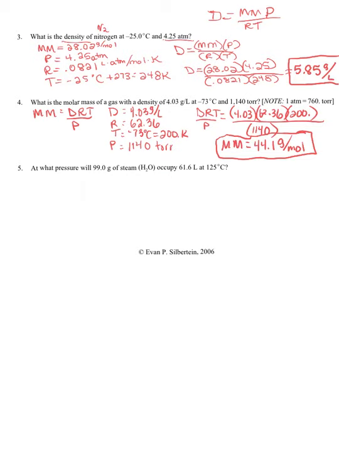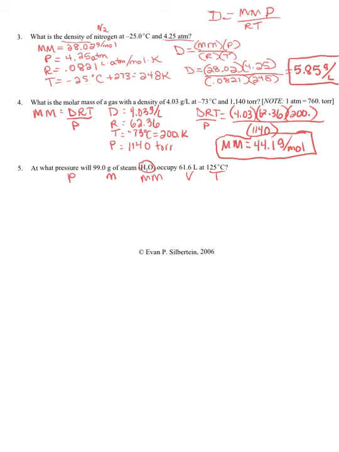The last one may be a little questionable as far as figuring out which law I'm going to use, or which version, because they want pressure. They give me mass. They give me the identity of the gas, they give me volume, and they give me temperature. Well, when they give me the identity of my gas, I then easily can figure out my molar mass.